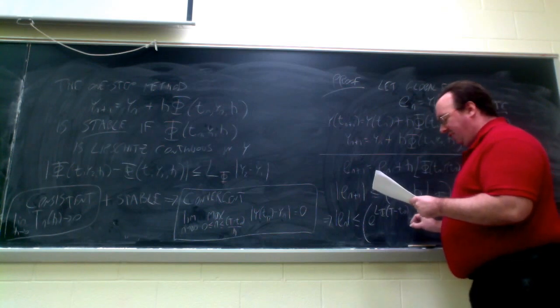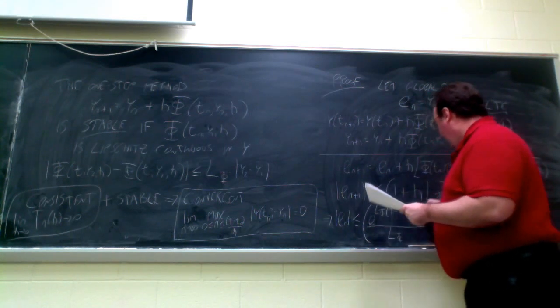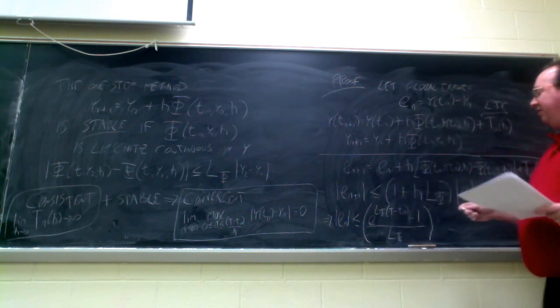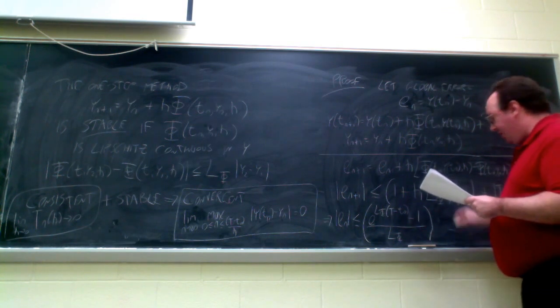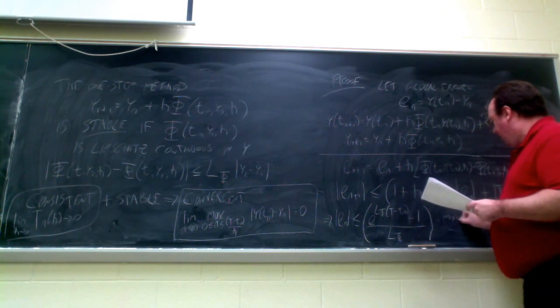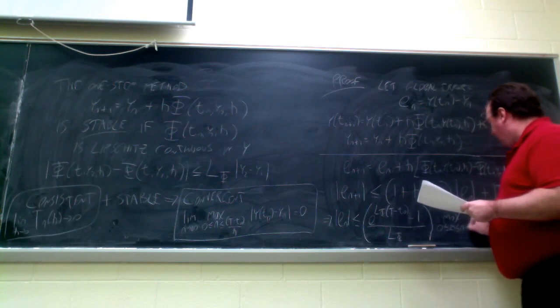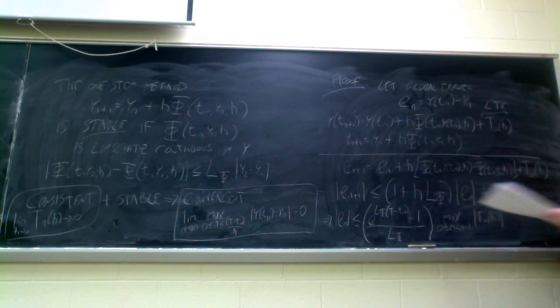I'm not going to do it here because it's not really all that interesting. I don't want to fall too far behind. So you have that expression, which doesn't depend on h at all, times the maximum over all time steps of the local truncation error.